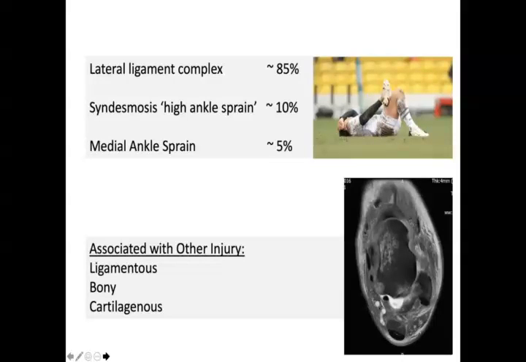About 10% of injuries, however, are syndesmotic injuries, and it's very, very rare that a pure medial deltoid ligament injury will occur without injury to either the syndesmosis or the lateral side of the ankle. And we must bear in mind that these are not only soft tissue injuries, but they can also be associated with bony injury and cartilaginous injury, and also with bone marrow edema, particularly within the talus.